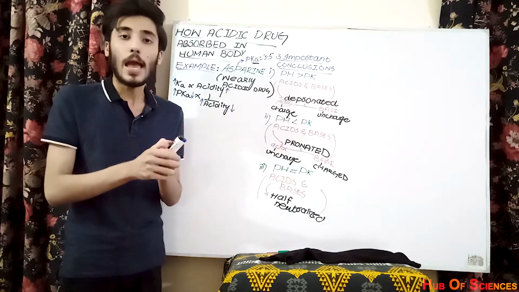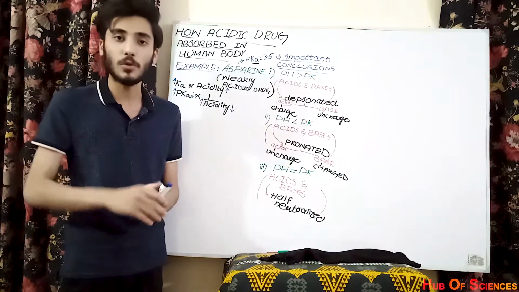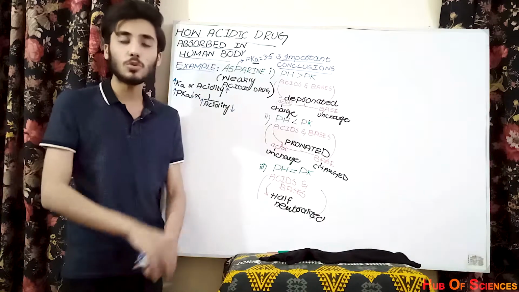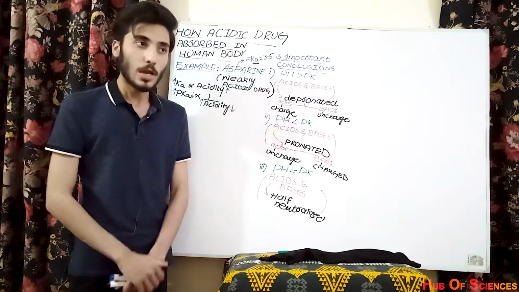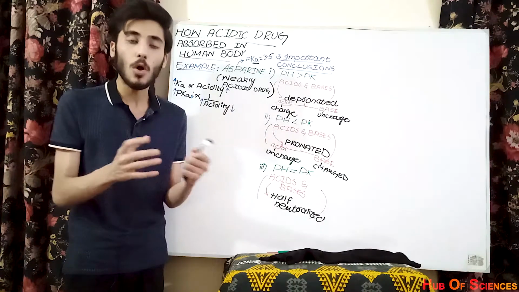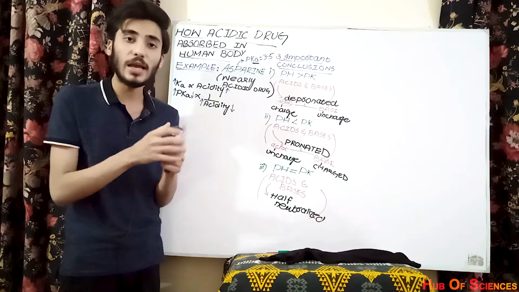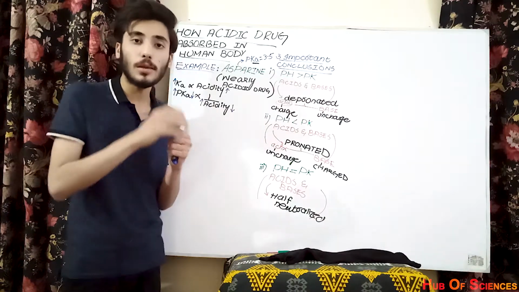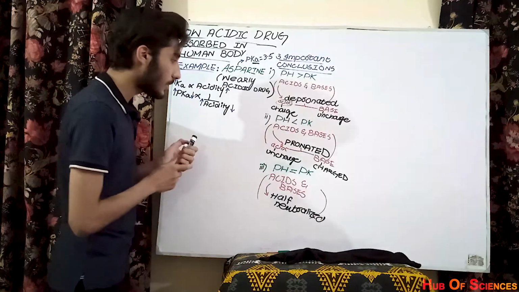After crossing the membrane it enters the blood vessels, and the blood transports it to the specific tissue where it performs its function. So how does the aspirin get absorbed from the stomach into the blood vessel? This is our main concern.